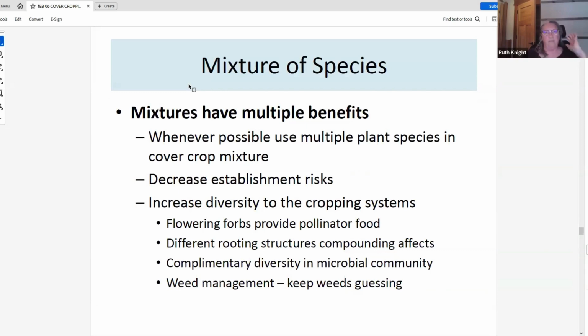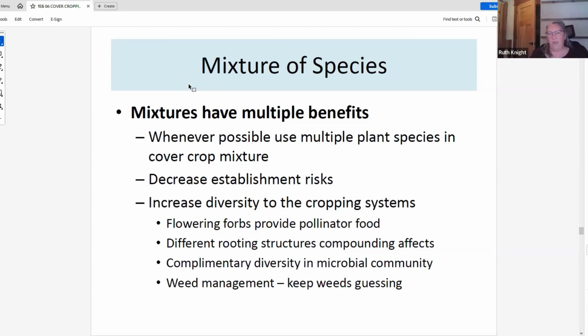So apart from monoculture cover crops, a mixture of species has multiple benefits, and it is advised whenever possible to use multiple plant species in cover crop mixes. This helps to decrease establishment risks.